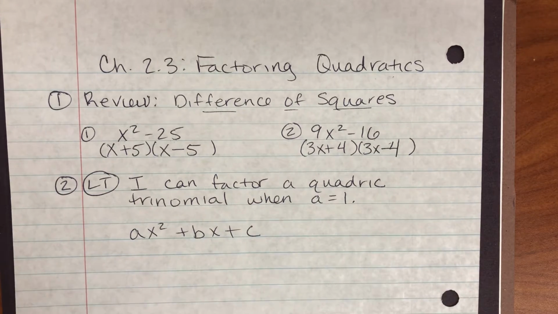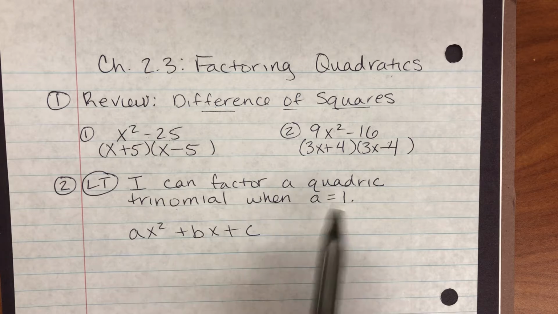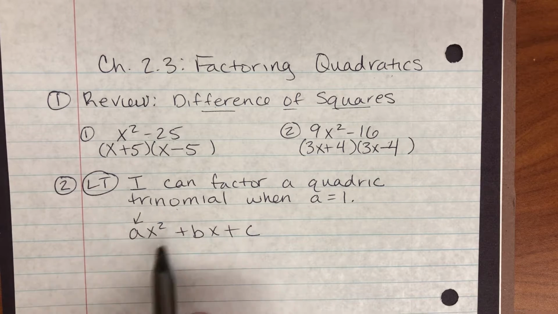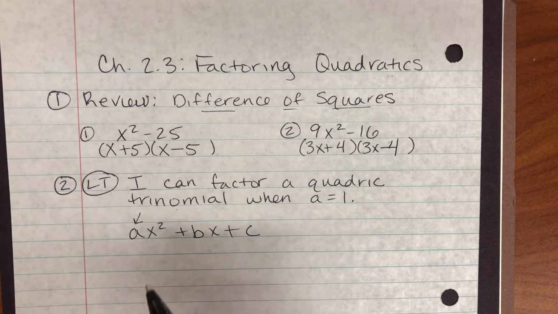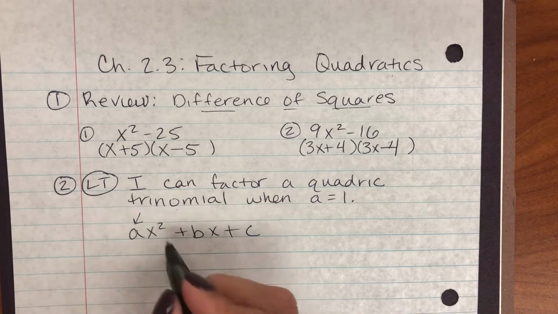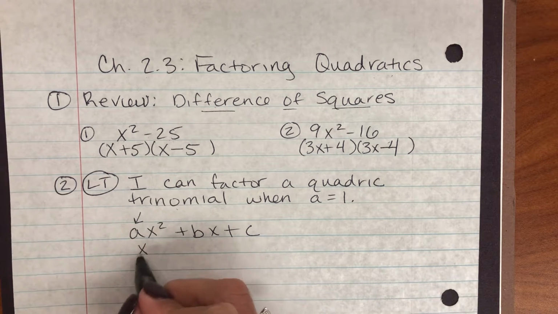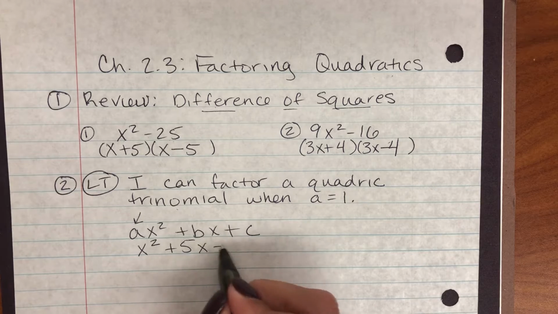Okay, so when I'm saying that the trinomial, when a equals 1, that means this term in front of x squared is just 1. So it would be something like this. x squared plus 5x minus 14.